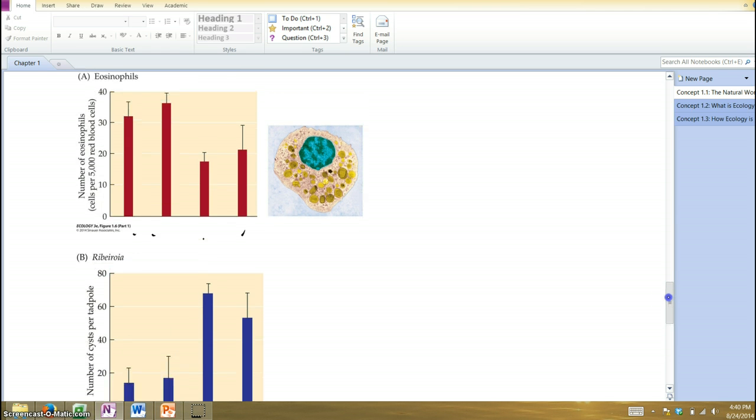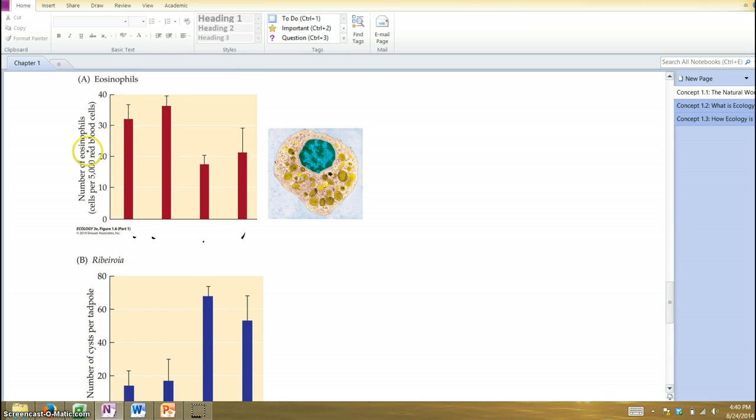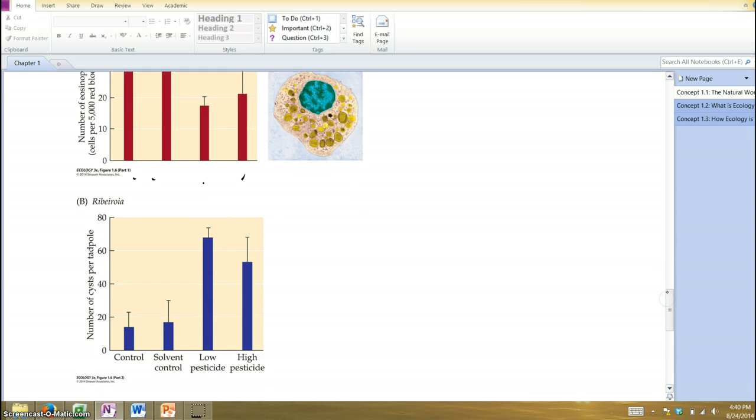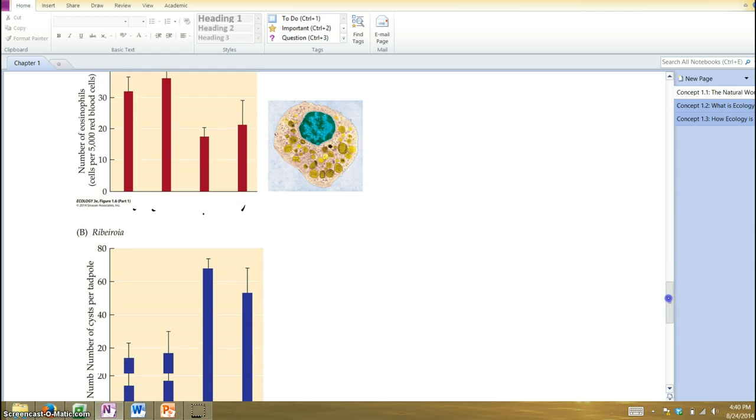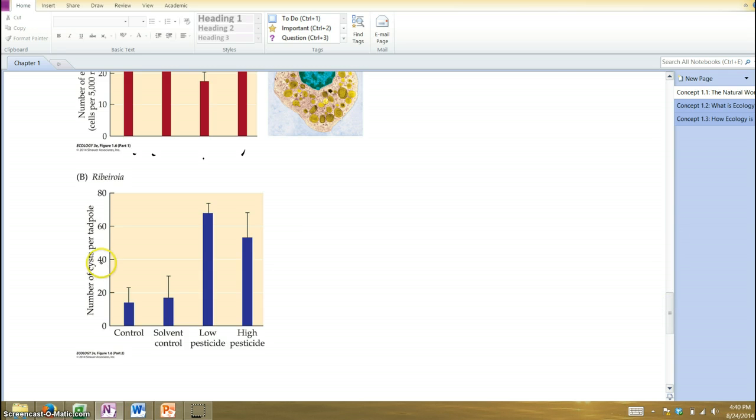So you can see in the control and solvent control, white blood cell counts, these things called eosinophils, are relatively high. Whereas in the treatments with low and high pesticides, you can see that the number of white blood cells is down. And you can see the cysts. The cysts are what form when the parasite is infecting its host.